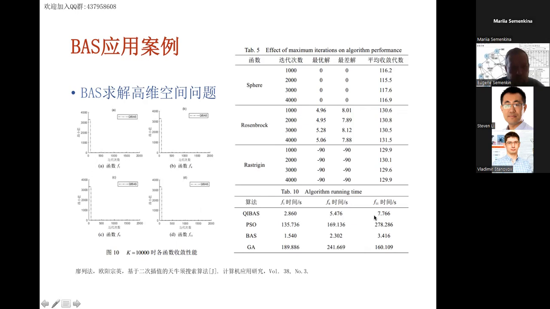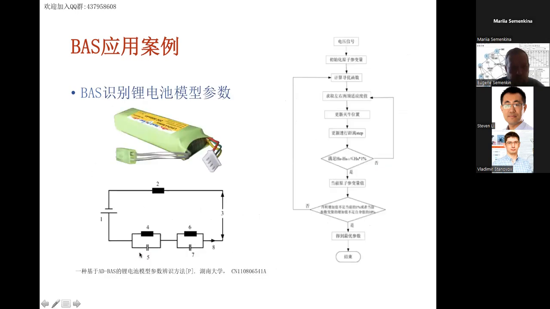As you can see, this algorithm only took 7 seconds to find the optimal solution for a 10,000 dimensional space. This is for battery management using Beetle Antennae Search. Again, because this algorithm is simple, it can be simply deployed onto embedded systems. Therefore, they use it.